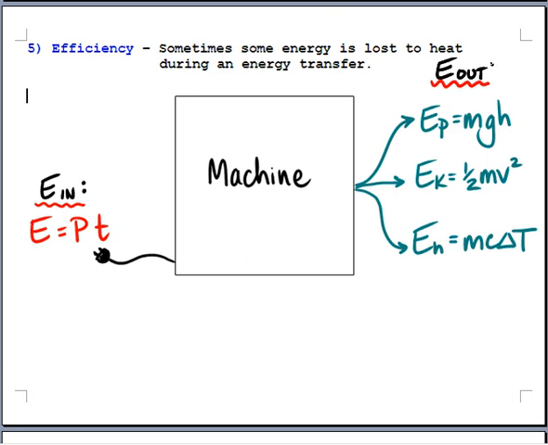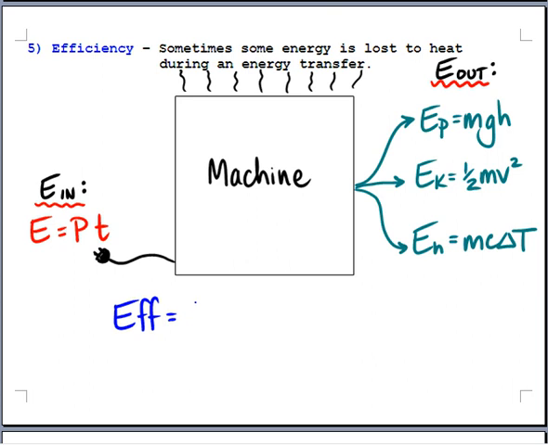Now, like this little note says, some energy is going to be lost as heat. So this machine is going to get warm. Some of that electrical energy actually gets wasted. We don't really want the machine to get warm. That's just a byproduct of all machines, and that efficiency will come out as something less than 100%. So here's the equation for efficiency. It's pretty easy.